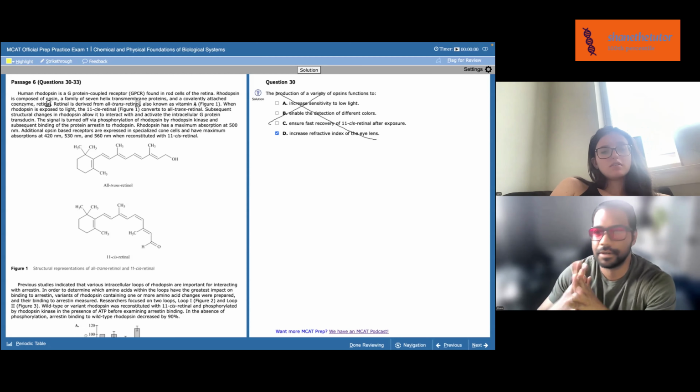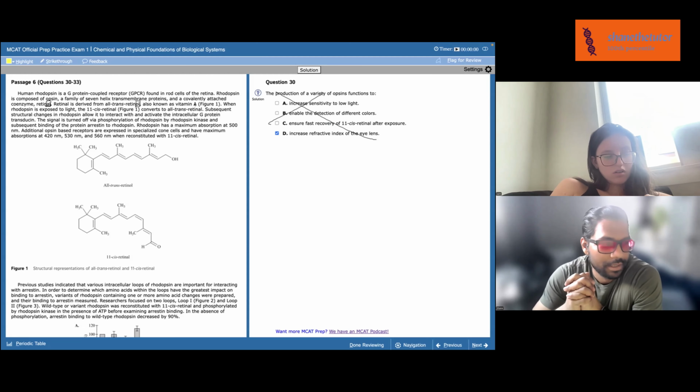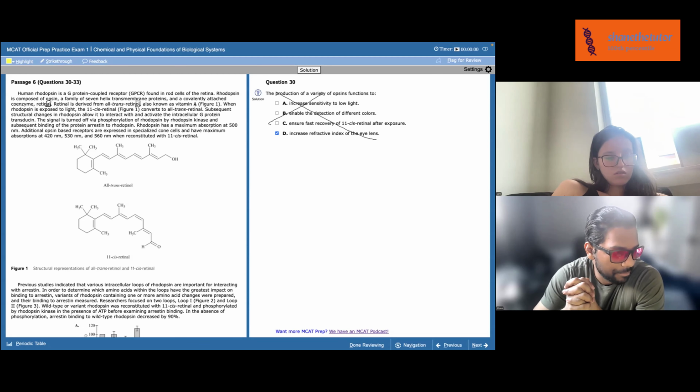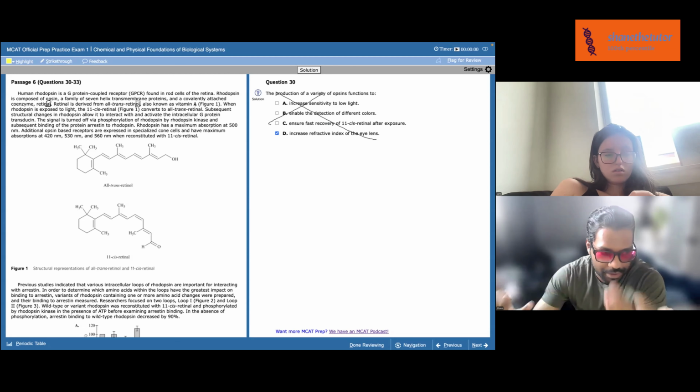Additional opsin-based receptors are expressed in specialized cone cells and have maximum absorptions at 420, 530, and 560 when reconstituted with 11-cis retinol. So it's also present in the cone cells. And in the cone cells, there are 3 types that seem to have peak absorptions at these 3 different wavelengths.